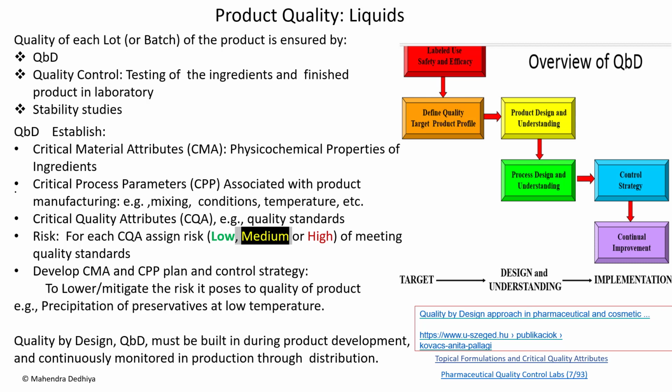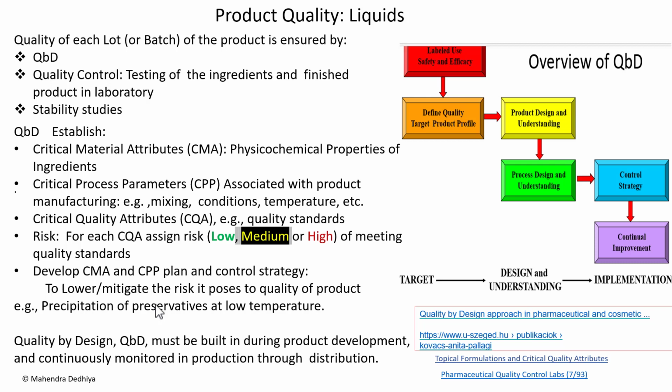Each CQA is assigned a risk, low, medium, or high, of meeting the quality standards. Based on CMA and CPP, a plan and the control strategy are designed to lower or mitigate the risk it poses on quality of products.